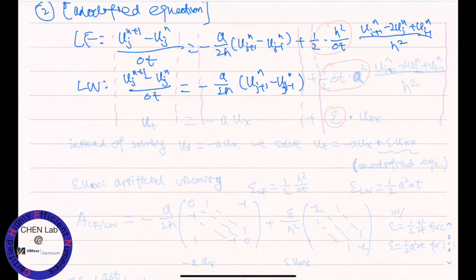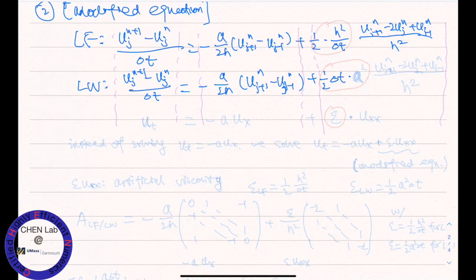Again, that's the same first scheme, and we're adding the fixed term, which is plus 1/2 delta t squared, which becomes delta t because we're dividing both sides by delta t, times a squared over h squared.